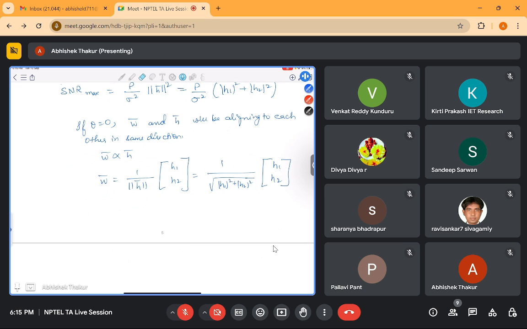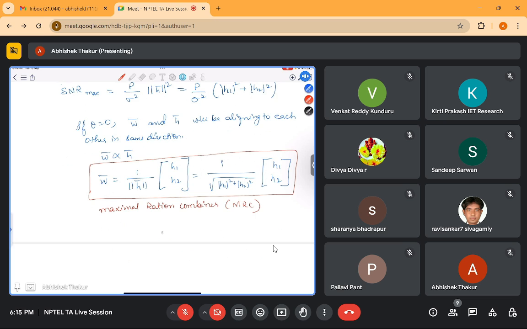This is also known as the maximal ratio combiner. Why is it known as maximal ratio combiner? Because it maximizes the SNR, and this occurs when the angle between w and h is 0 degrees.